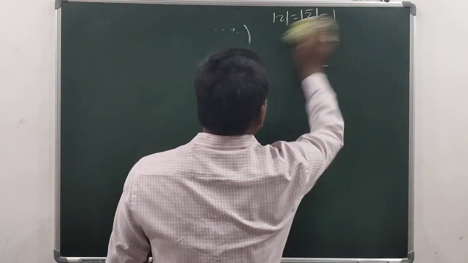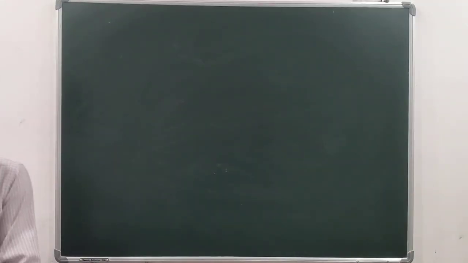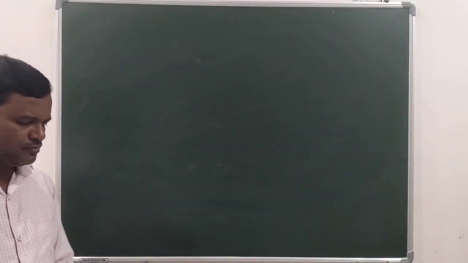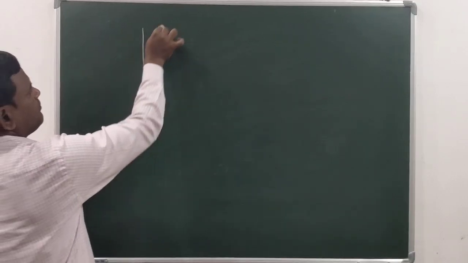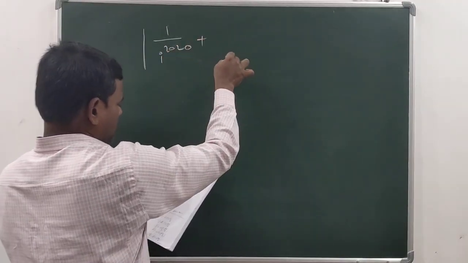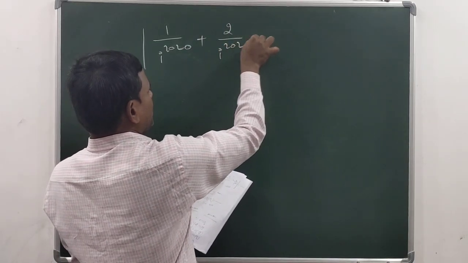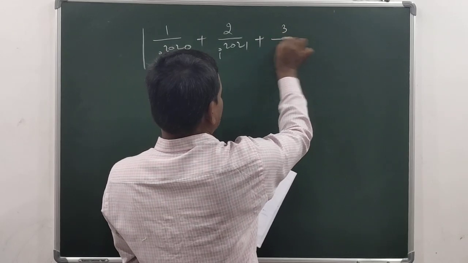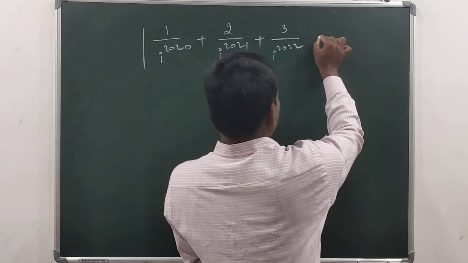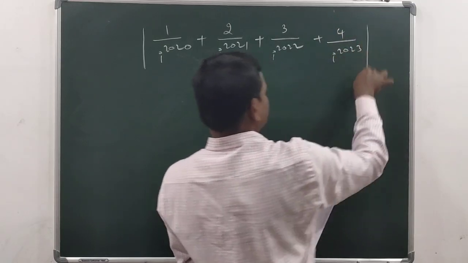See this question. This is easy. 1 by i power 2020 plus 2 by i power 2021 plus 3 by i power 2022 plus 4 by i power 2023.